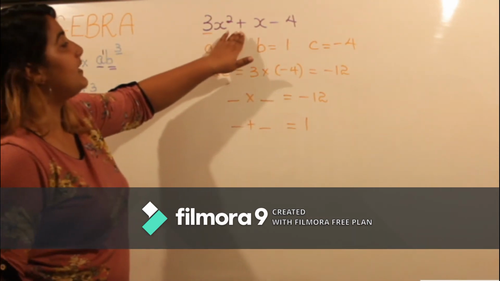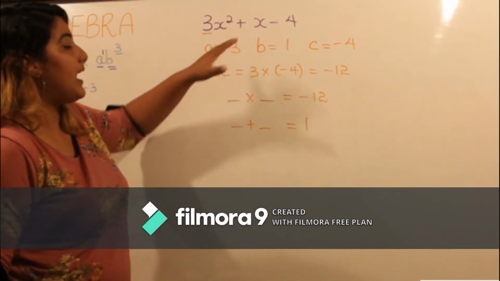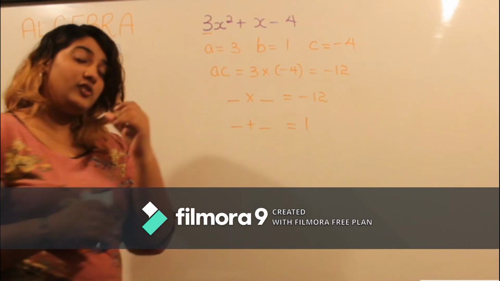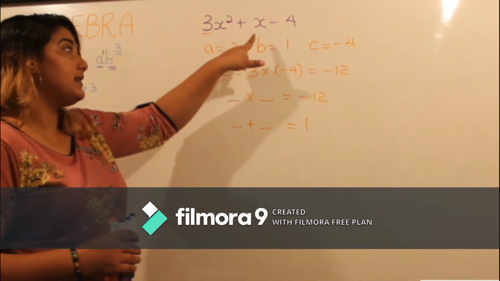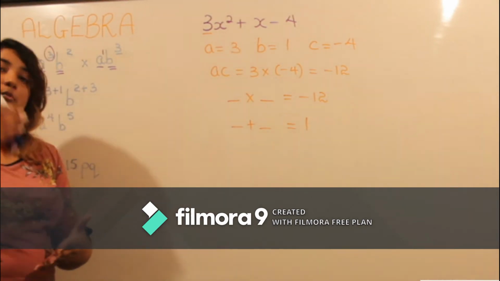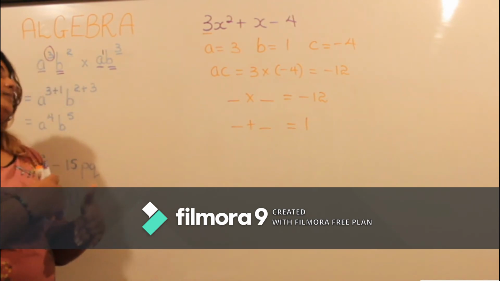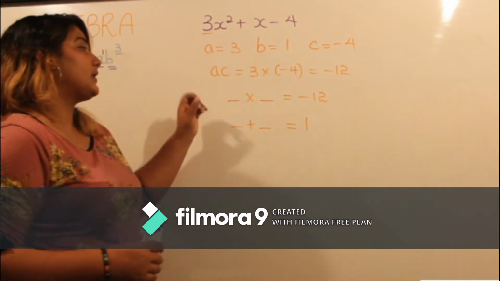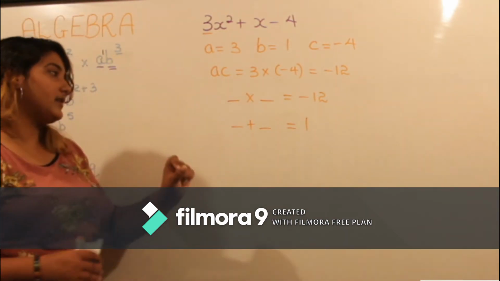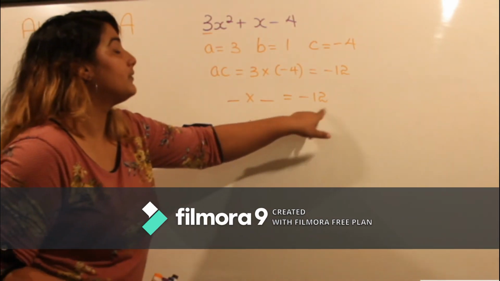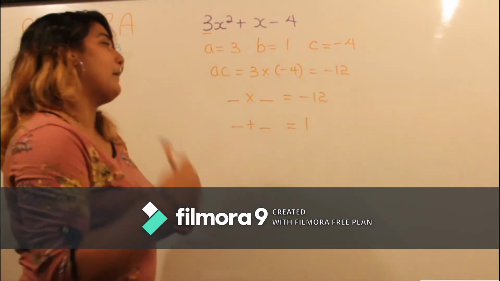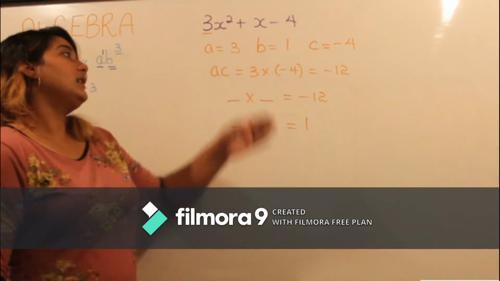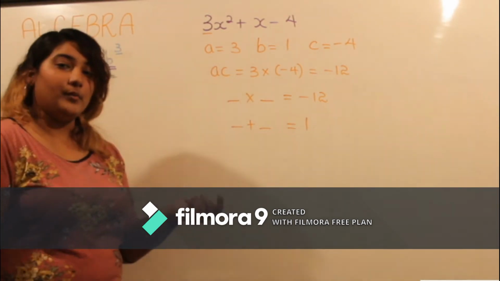We can take this middle term and break it up into a sum of 2 algebraic terms in x, which will give us the expression we want to use for the factorization. So what we're doing from here is considering pairs of factors which give us minus 12. So the pairs of factors that we can consider. Yeah, one that jumps out is 3 and minus 4.